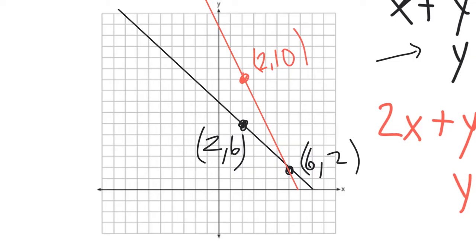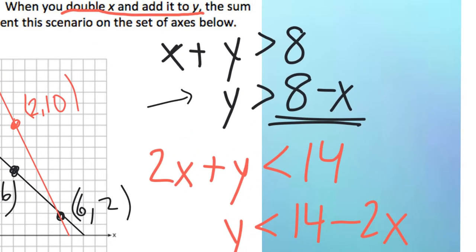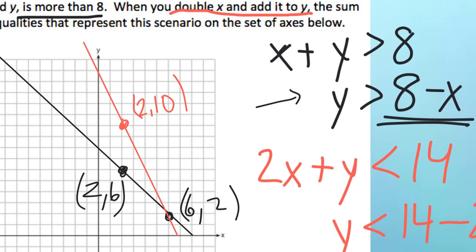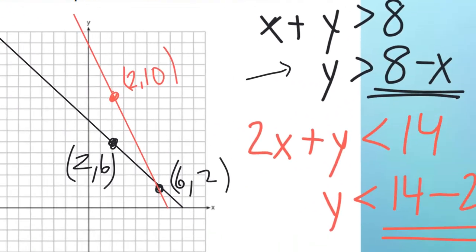Now because this is an inequality, not an equation, we have to highlight where the appropriate values of y are. And what I mean by that is, hang on a second. So in the first one, we knew that y needed to be greater than this line, 8 minus x. So we're looking for y values that are greater than the black line.